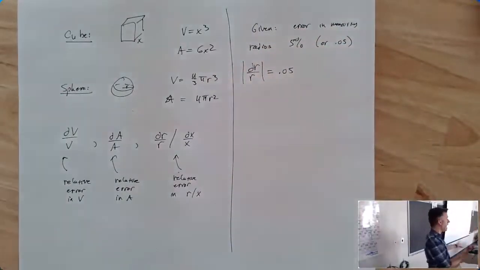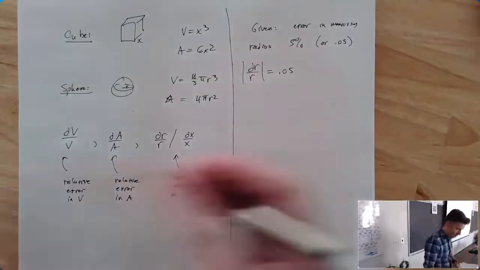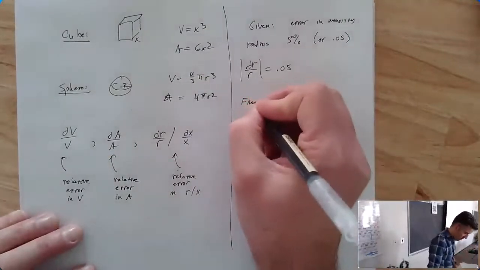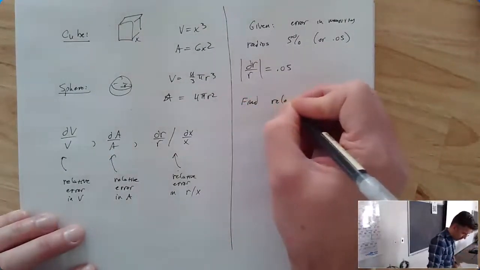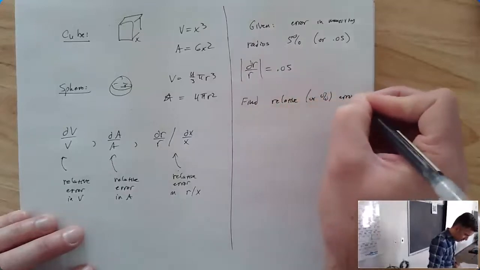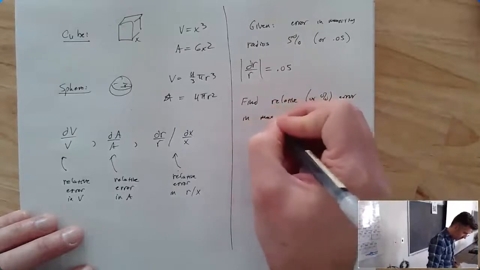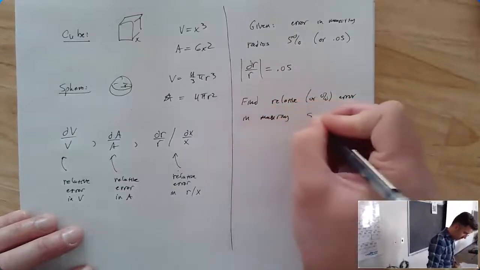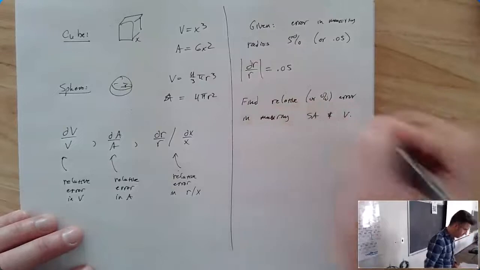And then we're typically asked to find the relative or percentage error in measuring some other aspect of the shape. So we want to find the relative or percentage error in measuring, let's do both, surface area and volume.